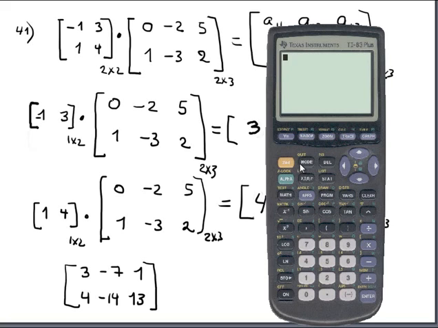Now second mode, matrix A multiplication matrix B. The answer is 3, -7, 1, 4, -14 and 13, exactly as we expected by hand.